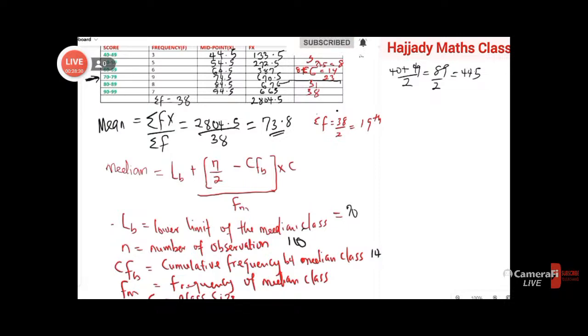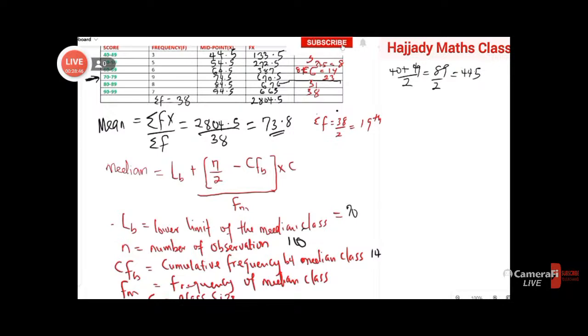And lastly, we have our frequency of the median class.